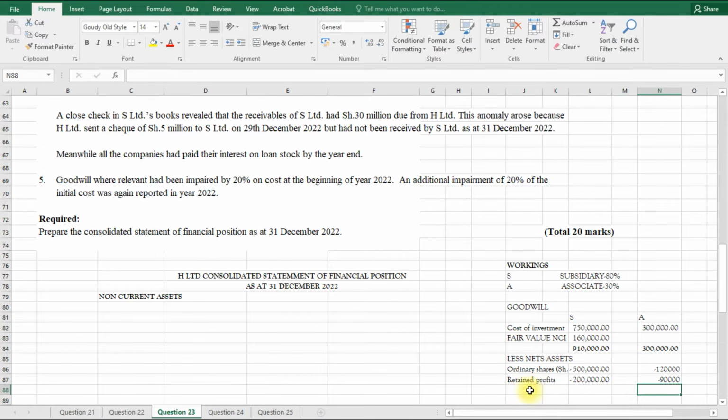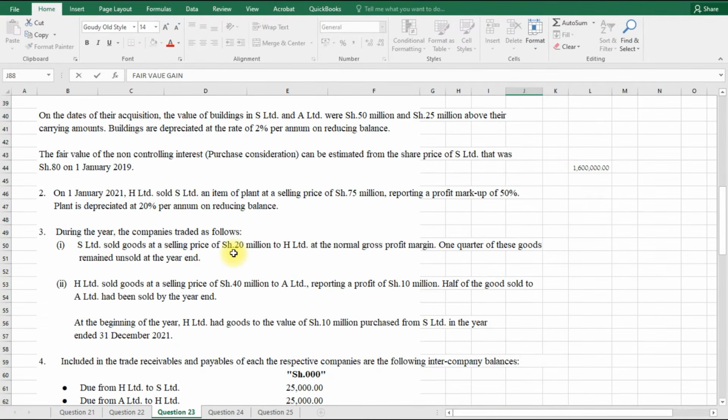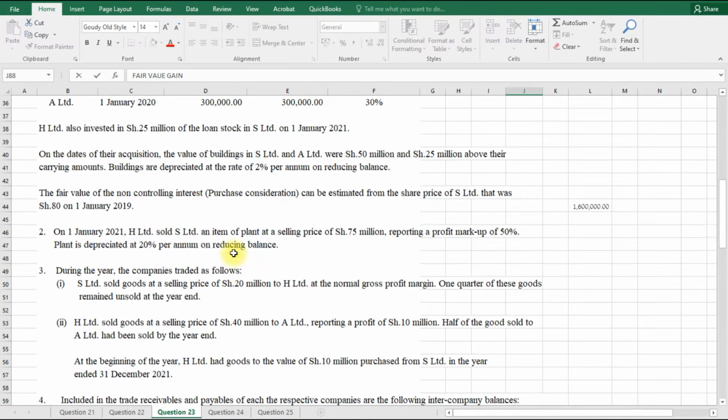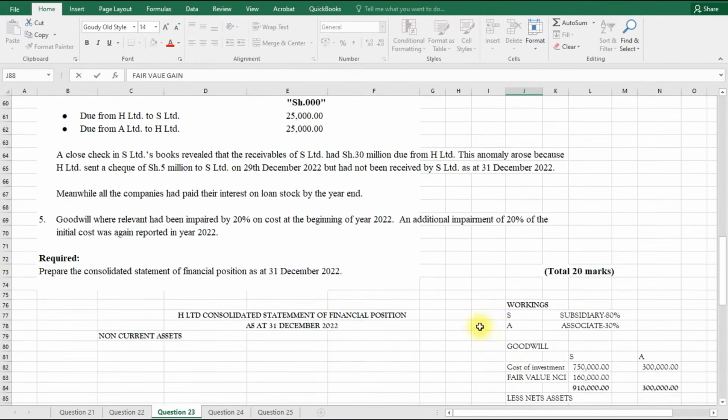Then we had the fair value gain for the plant. So on the date of acquisition, we are told here the fair value of building. So this was the fair value gain for the building in S and A, which were 50 million and 25 million above their carrying amount.